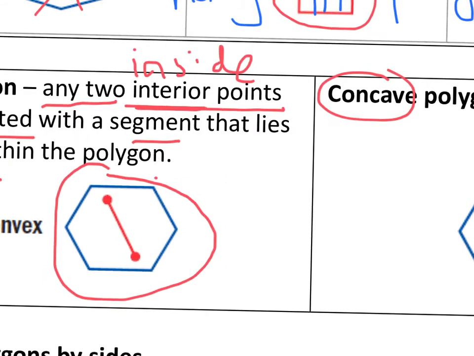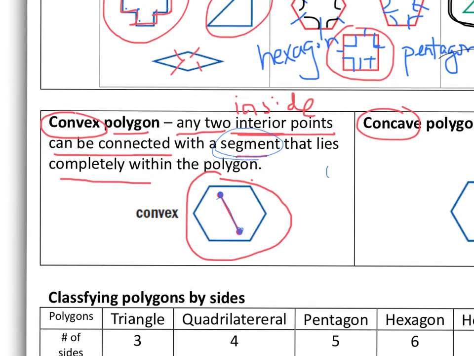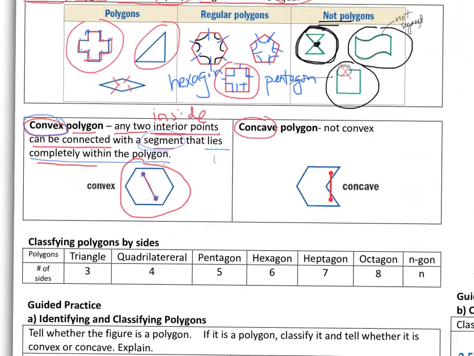So as you can see, I could put a point here, and connect the dots to form a segment, and it lies completely within the polygon. That's why we call it a convex polygon.